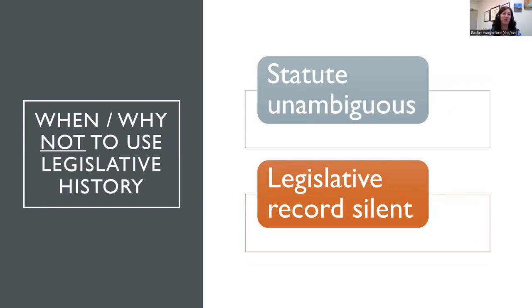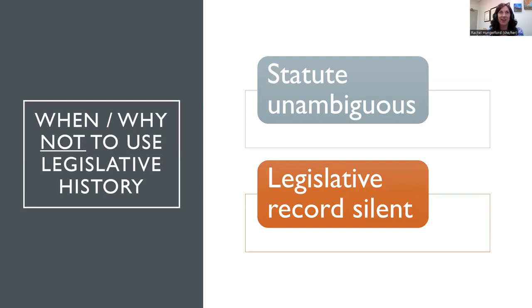In terms of when not to use it, it's a little bit the flip side of that. And unfortunately, one of these two situations you're not going to know before you have invested the hours. So the first situation is just when you have an unambiguous statute, and that you should know from looking at the text and context.